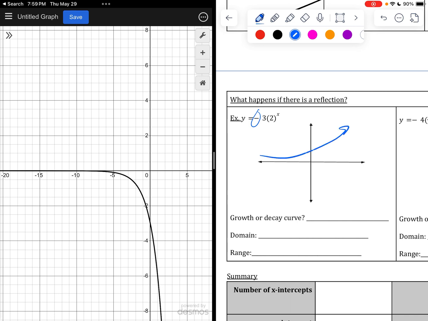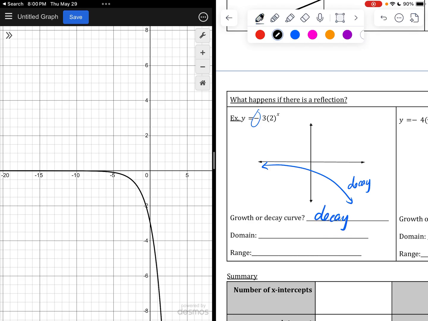So what was once up here is now down here. So originally when it was positive, it looks like this, and it looks like it would be a growth curve. Okay, but because it's been reflected, and now it's down here, this is slowly decreasing over time. This is decaying. So I'm going to say this is a decay curve.